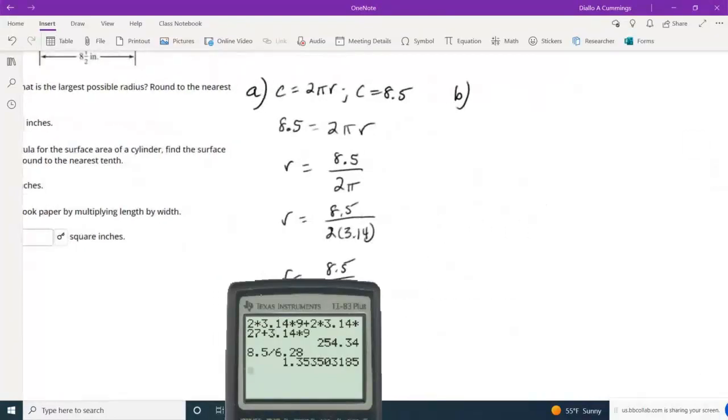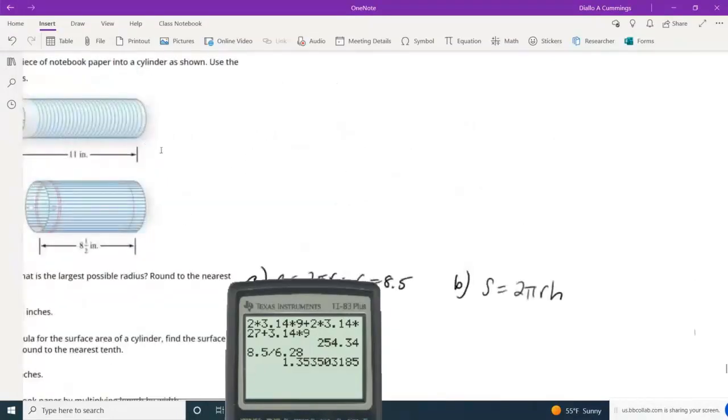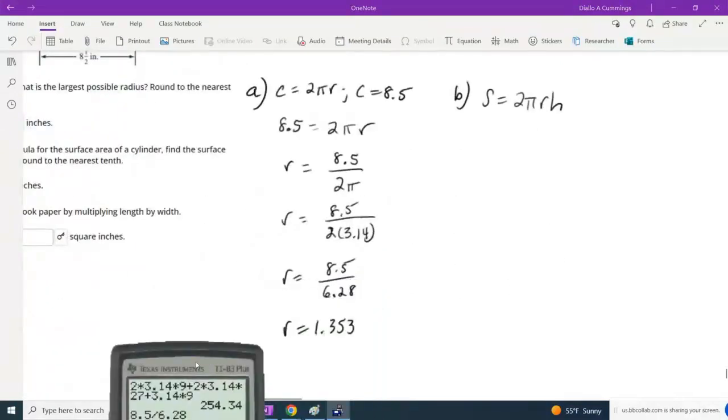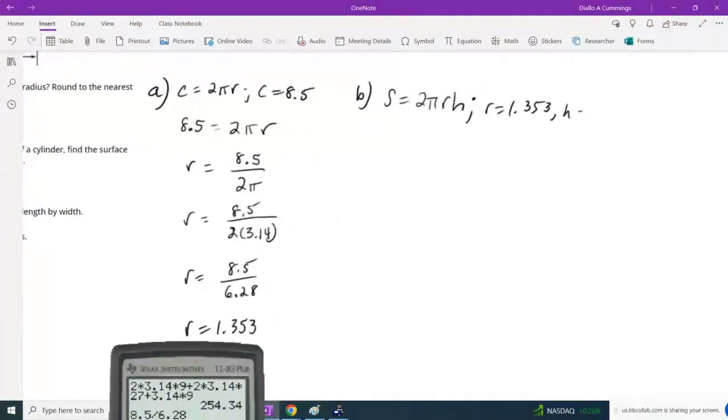So I'm only going to use S is equal to 2 times pi times r times h. I'm not going to use the plus 2 pi r squared because for this sheet of paper, it has no top and no bottom. They're open. So I'm going to substitute r for 1.353, which we just found. And the height is going to be 11.